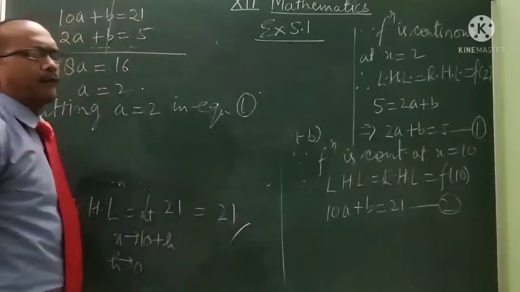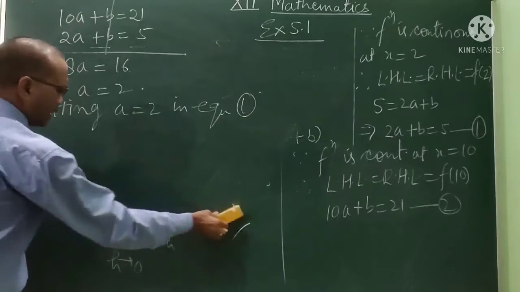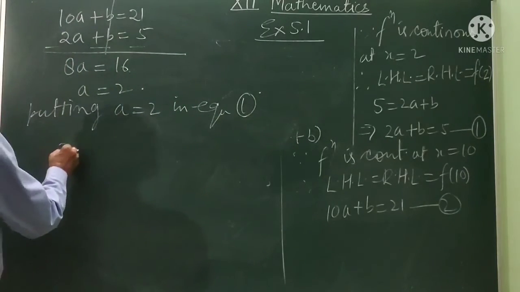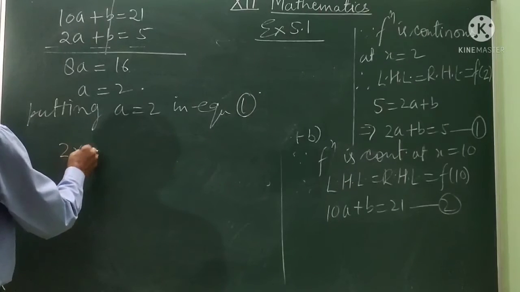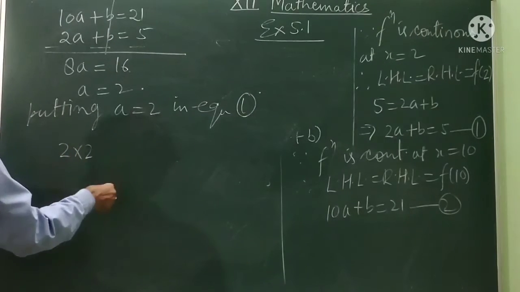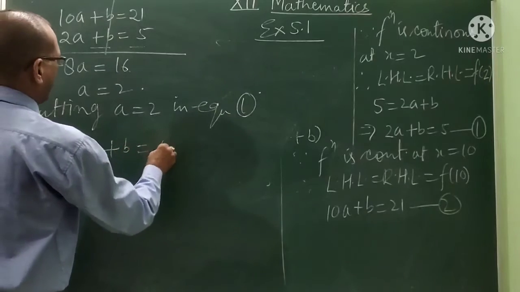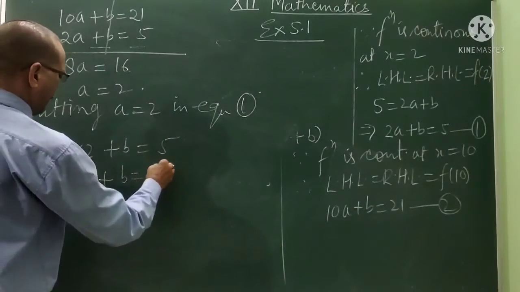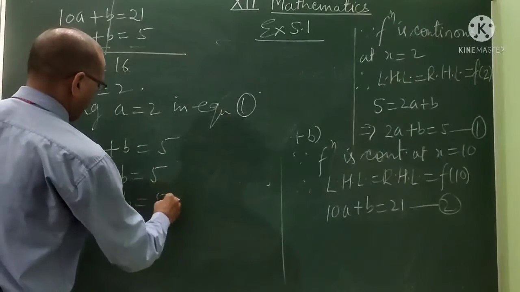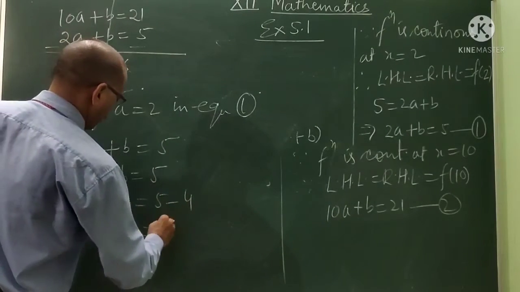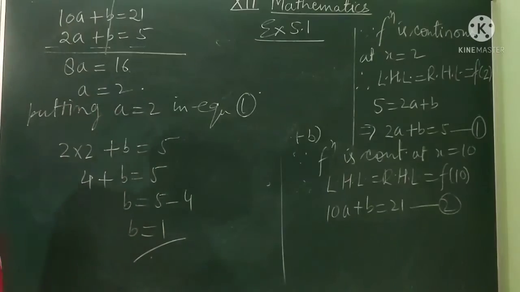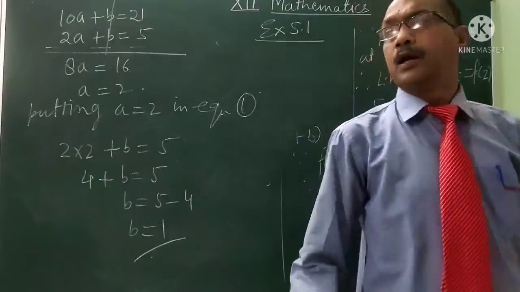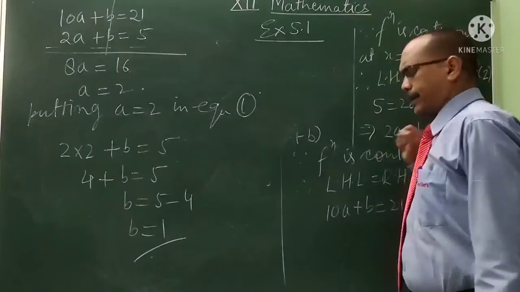So it is 2 into 2 plus b equal to 5. Then 4 plus b equal to 5 and b equals 5 minus 4, then b equals 1. So a equals 2 and b equals 1. This function is continuous from 2 to 10.